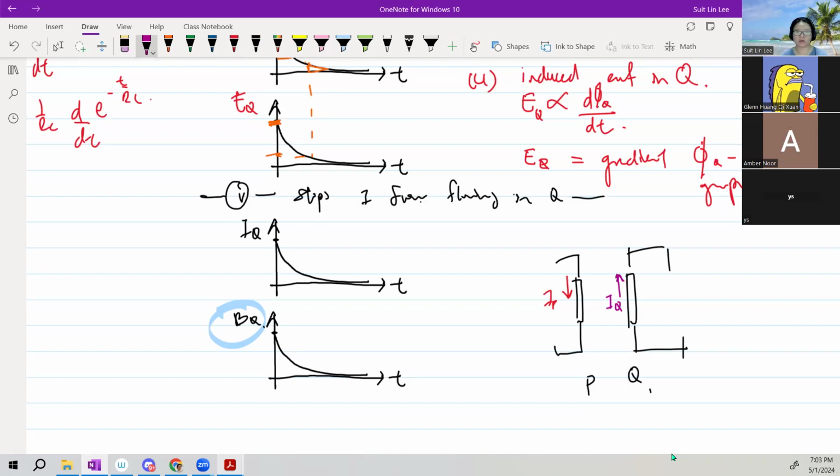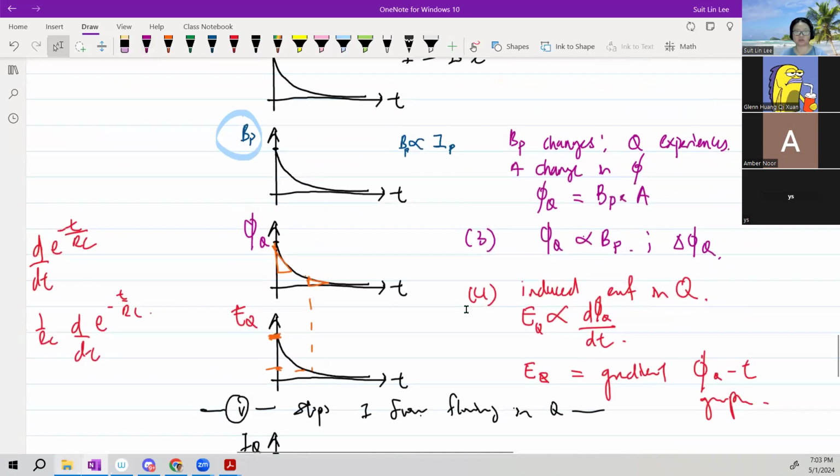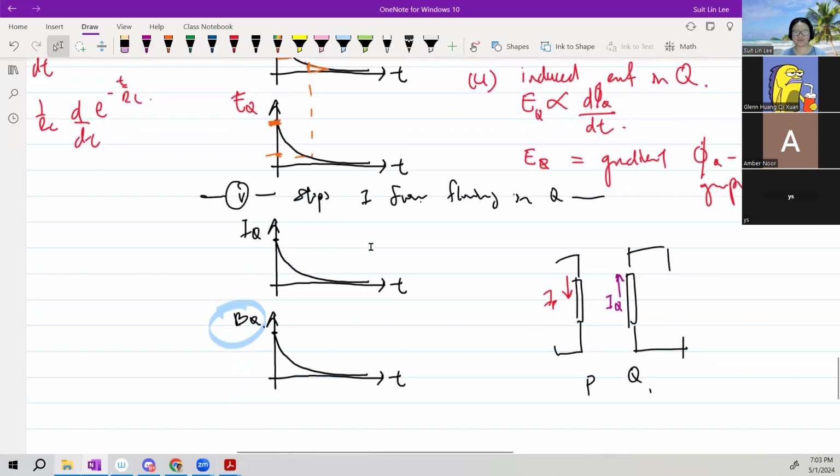So when you look at this flux change, every question is a bit different. You have to figure out whether it's your own flux change or your neighbor's flux change. Currently Q isn't at a point where it can create its own magnetic field, ergo it doesn't have any magnetic flux. But if it has, then we want to continue the story.